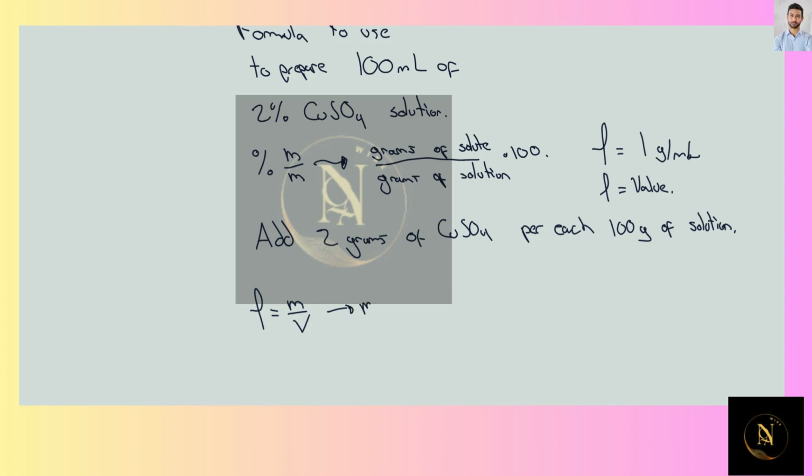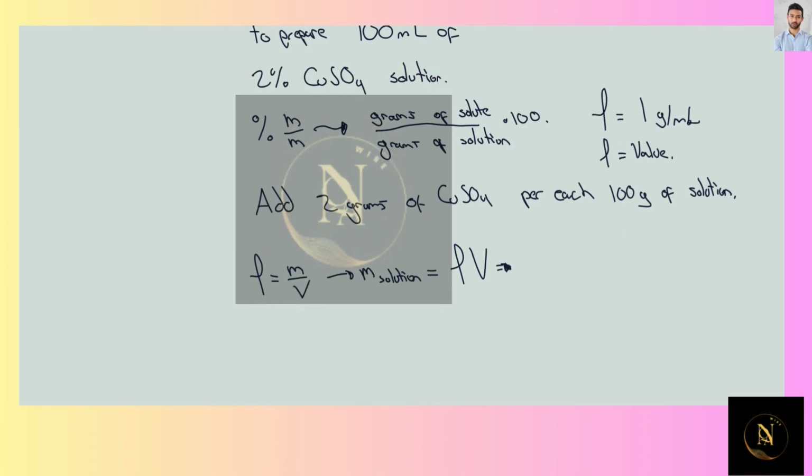Therefore, the mass of the solution would be equal to the density times the volume. Now, the value that you're going to get over here would be directly density times 100 milliliters, since the density is normally given in grams per milliliter.